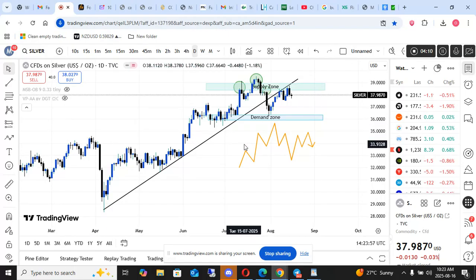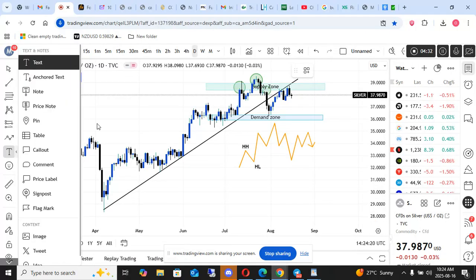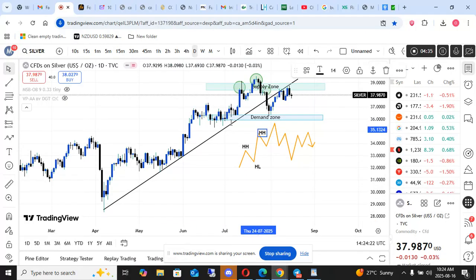This is our higher high, this higher high, higher low, higher high, higher low, higher high.